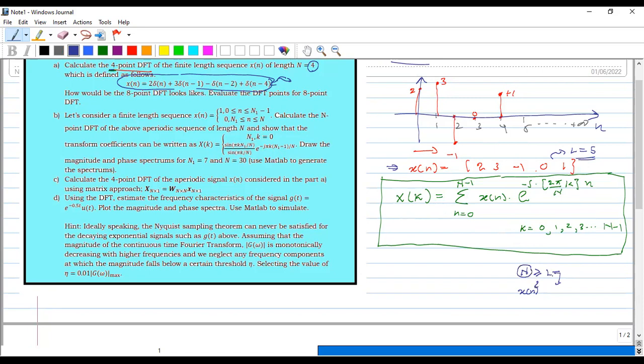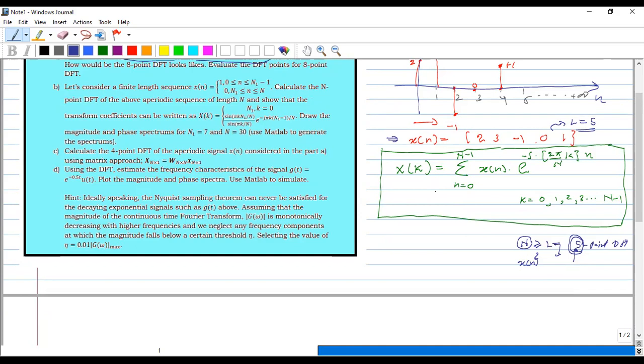So at least you have to find the 5-point DFT. Normally we are not going to calculate 5 or 6 points and so on, because it can add calculation complexity, and the calculation will be difficult with this kind of points.